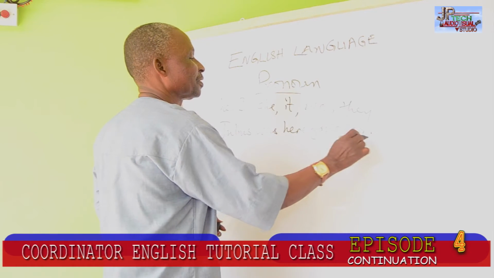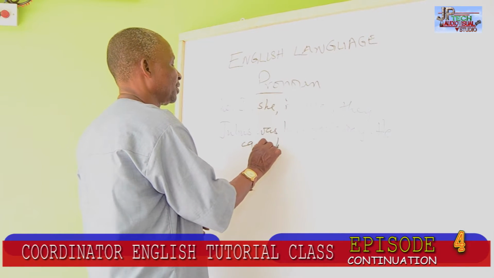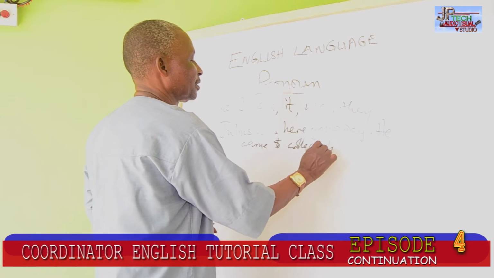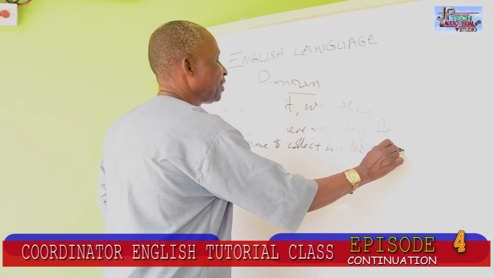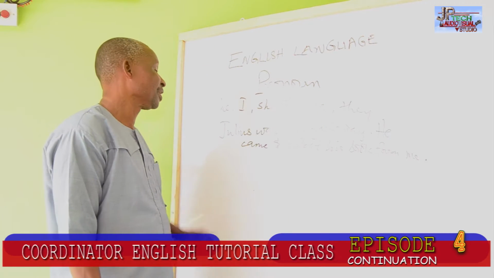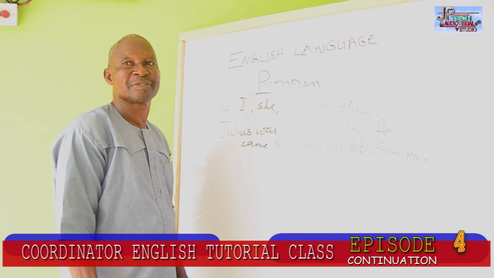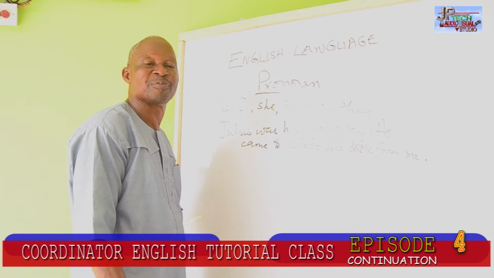First up, he came to collect his book from me. You can see pronouns there. Julius was here yesterday. The follow-up sentence is he came to collect his book from me.